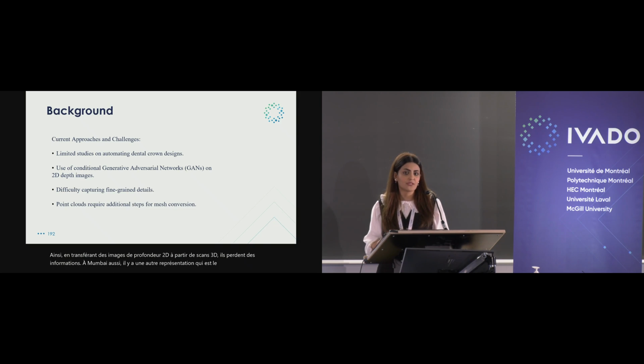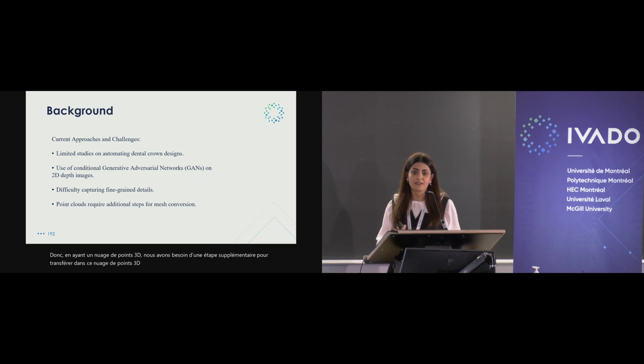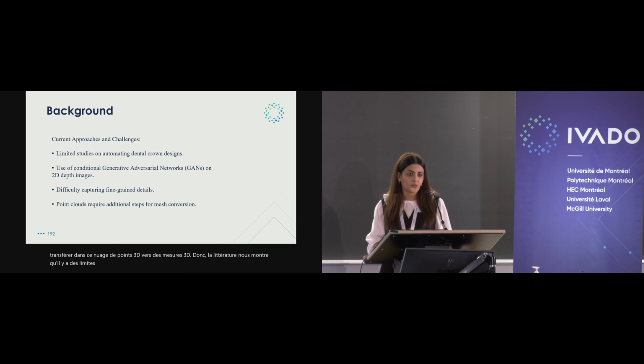At the end we need to print the dental crown, so we need 3D meshes. With a 3D point cloud, we need an extra step to transfer it to 3D meshes. So the literature shows some limitations, and we are going to find a new way with deep learning algorithms to design dental crowns in an automated way.